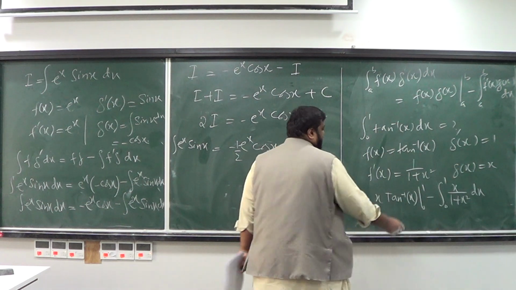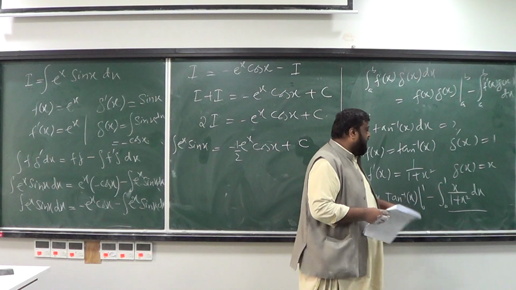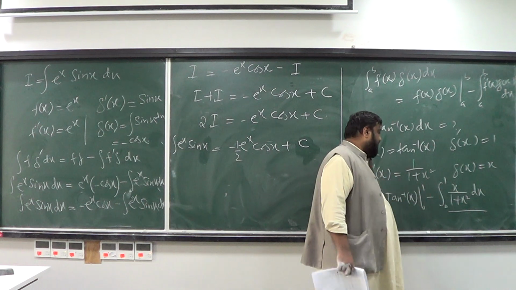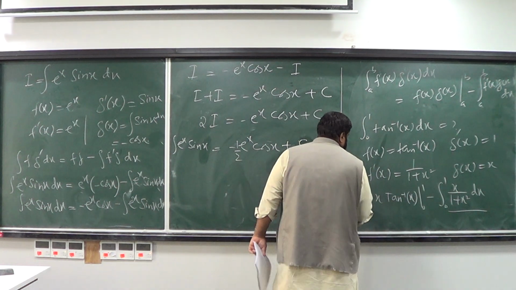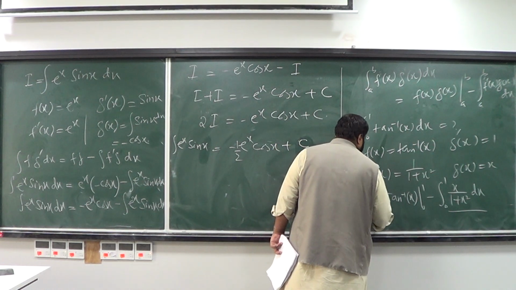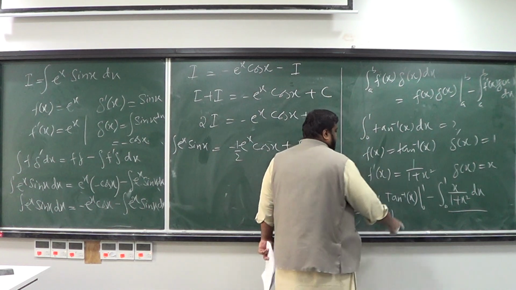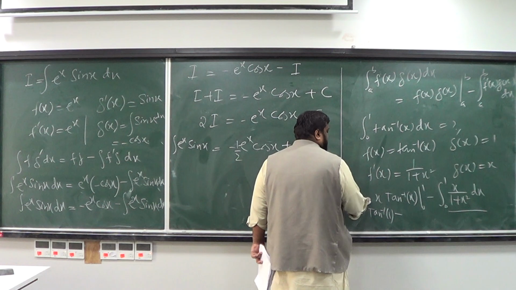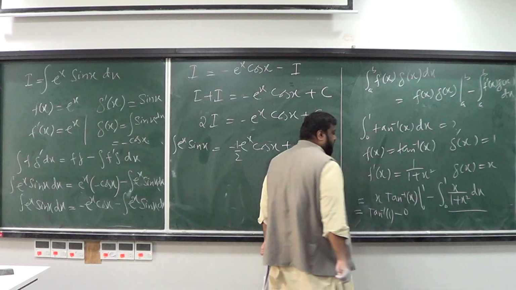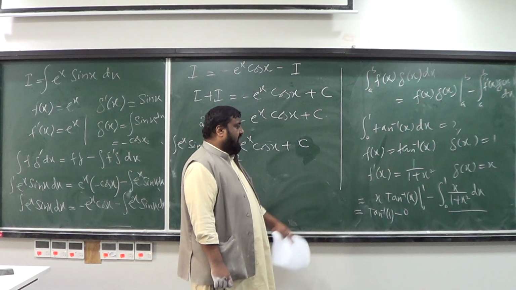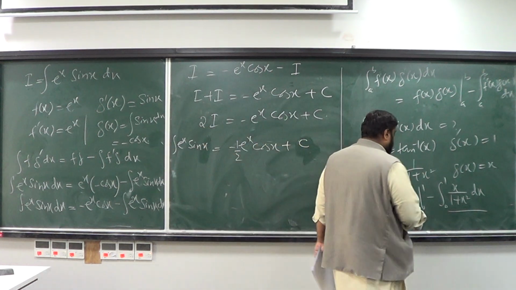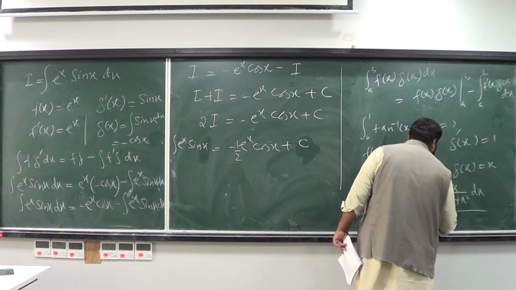I'm leaving this integral for you to calculate because this is easy. The derivative of 1 plus x square is present above, so it's x. Calculate it for yourself. If you substitute 1, you're going to get tan inverse of 1. When you substitute 0, this will be 0 multiplied by the tangent inverse of 0, but since 0 is multiplied, this will be 0. And when you calculate the other integral, it will become log of 2 by 2.